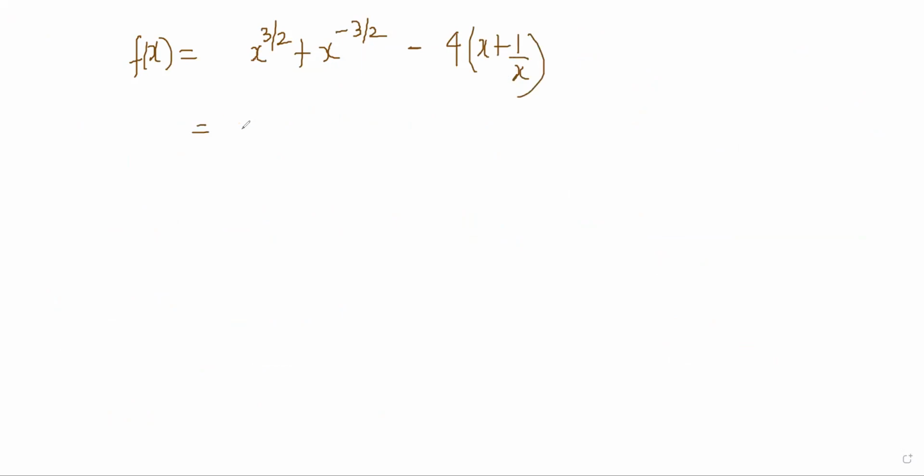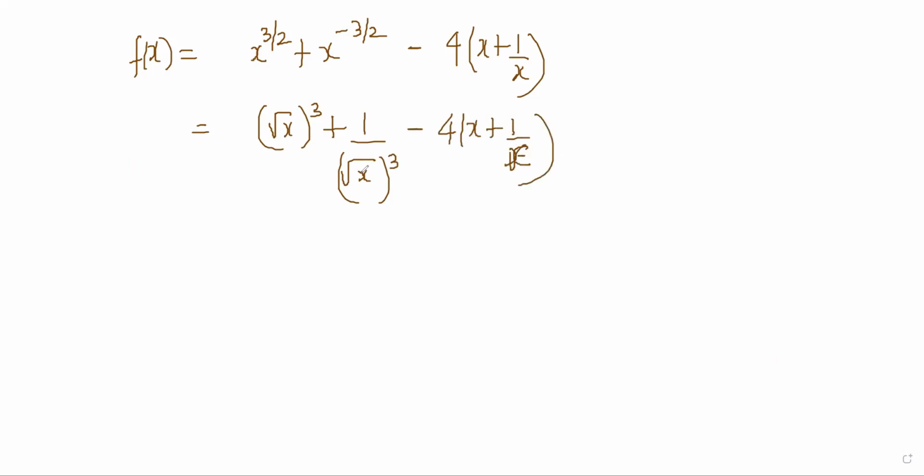So this is root x whole cube plus 1 by root x whole cube, plus 1 by x. A cube plus B cube, and this is A cube plus B cube. Root x is A, so let's say root x is A. So what we are getting is A cube plus 1 by A cube minus 4 times.